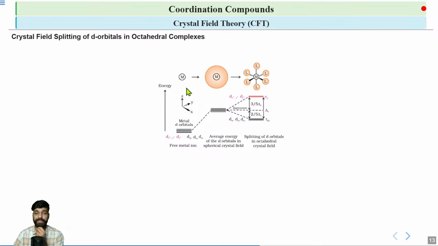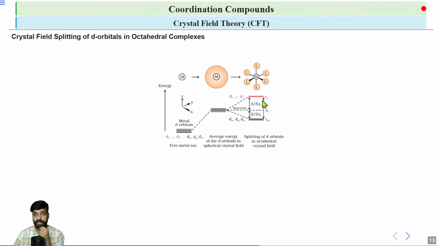Now as the ligands approach, initially all of them are raised to some energy level, right? Still they have the same energy up to this point, but as the proximity of your ligands decreases, meaning they are coming closer and closer to the metal ion, then these 5 orbitals are split into 2 parts. So this is for octahedral.